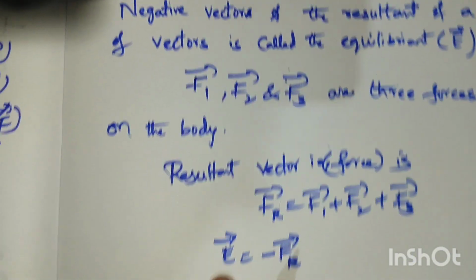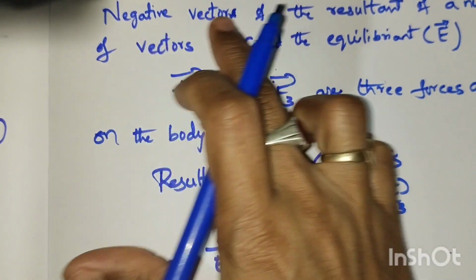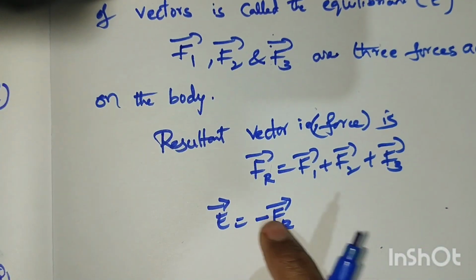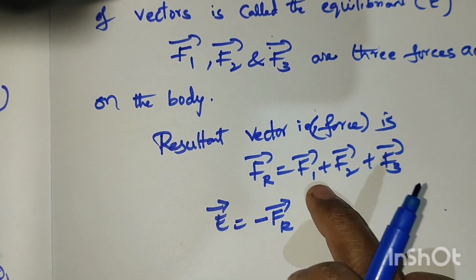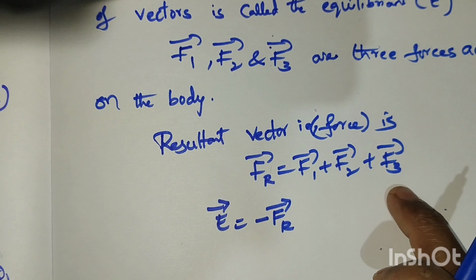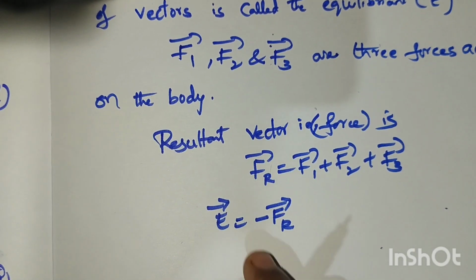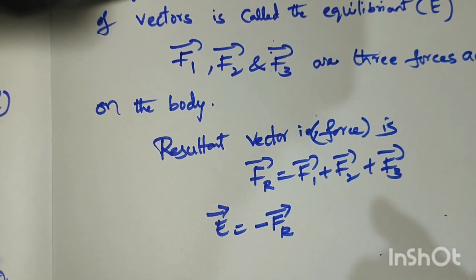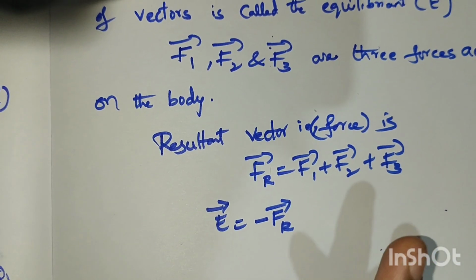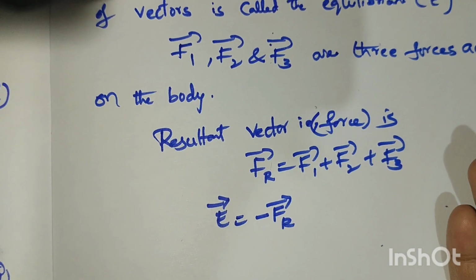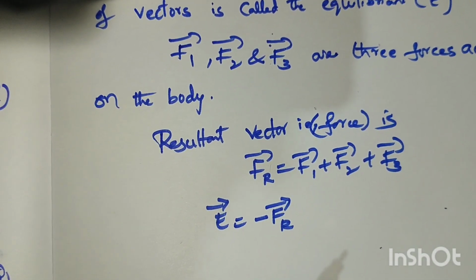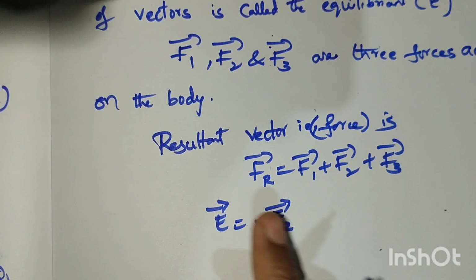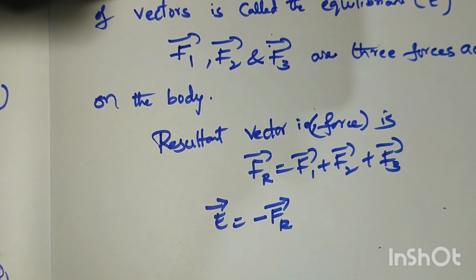So this is the negative vector of the resultant. Equilibriant will be equal to the resultant force or resultant vector having the same magnitude but in opposite direction.